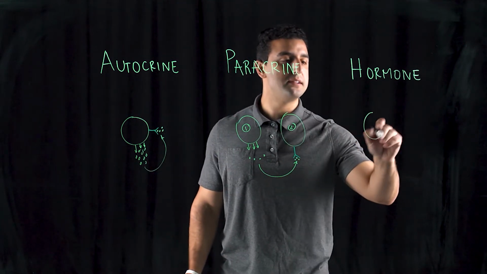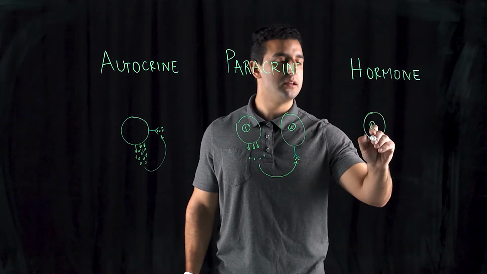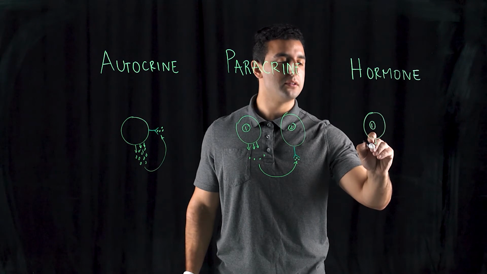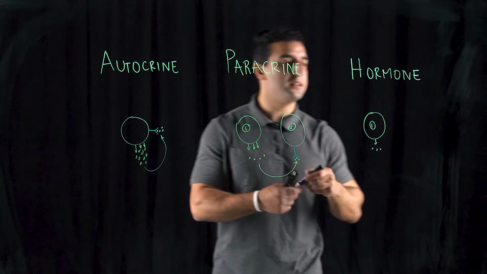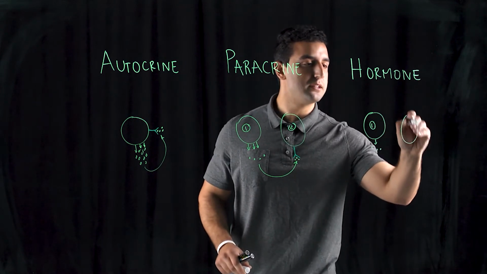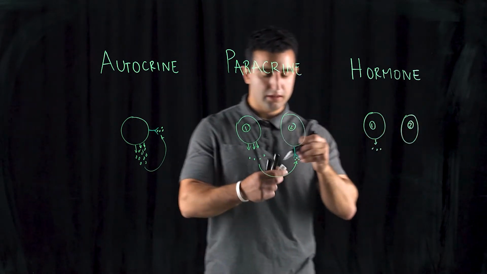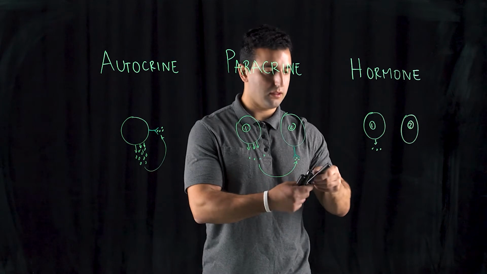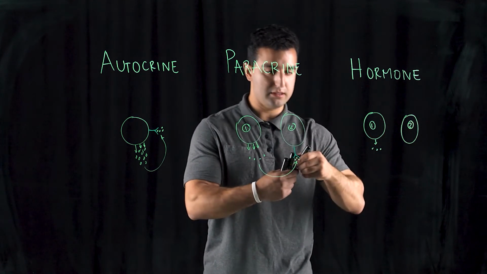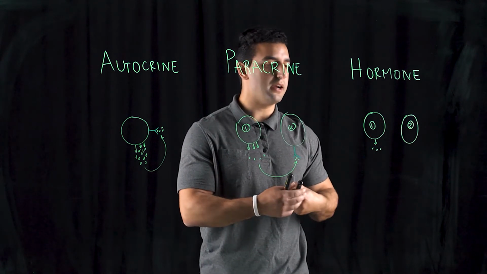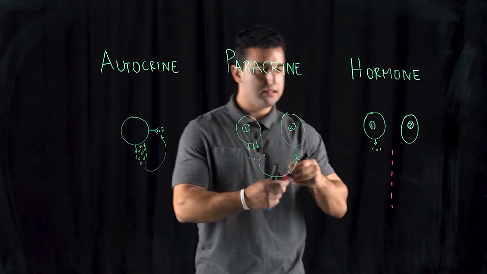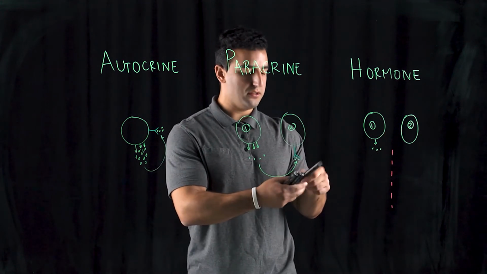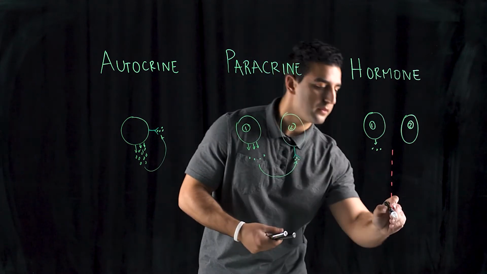So if I have cell 1 here, secreting all of its chemicals, even though you'll have some neighboring cells here, like number 2, the actual target, if I were to draw some kind of distance, the distance is going into the blood. Then you have cell number 3, which is maybe 3 meters away.